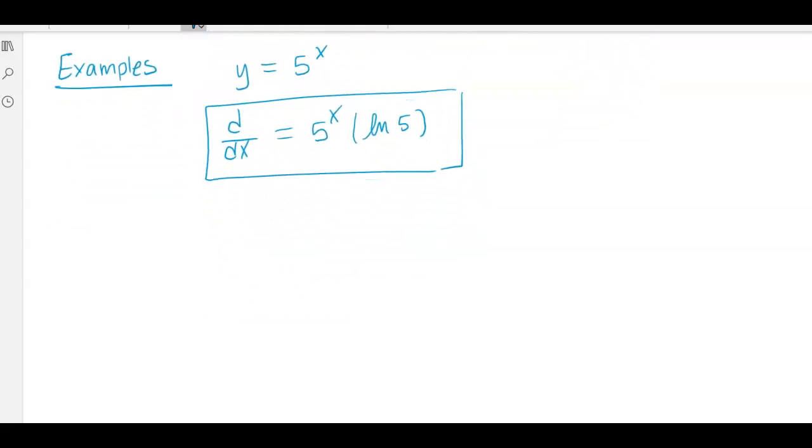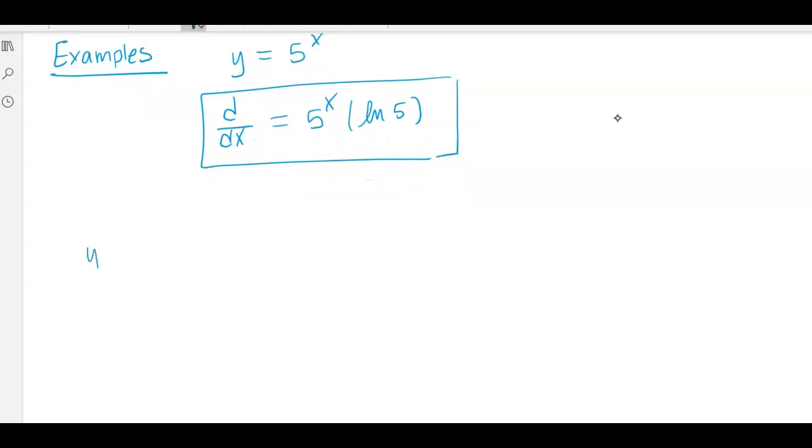What if we have something a little bit more complex, like 10 to the x squared power? Well, we write the exponential just as we see it. We tack on the natural log of the base, which in this case is 10.